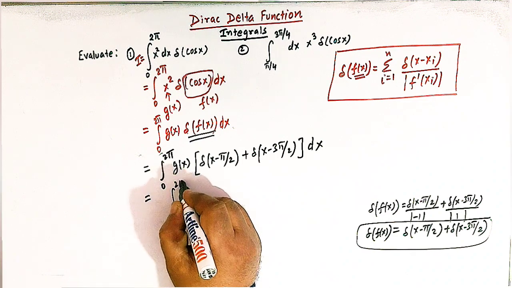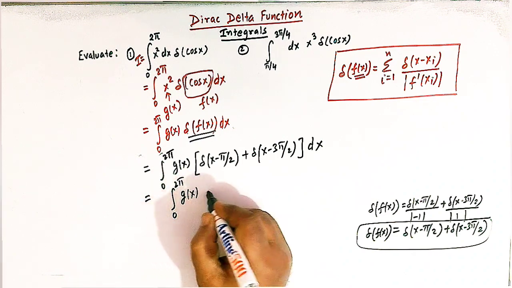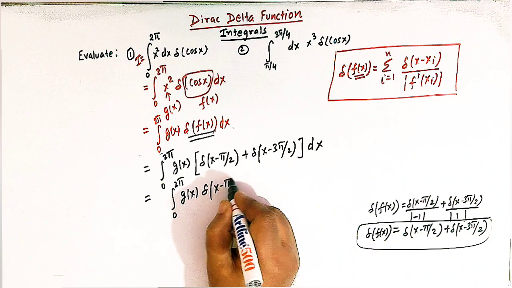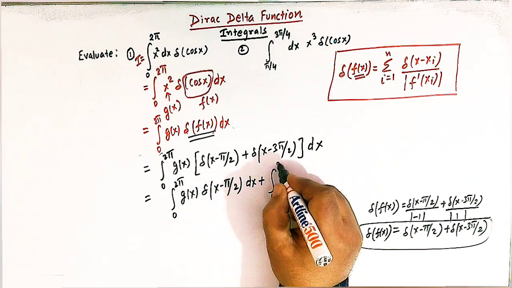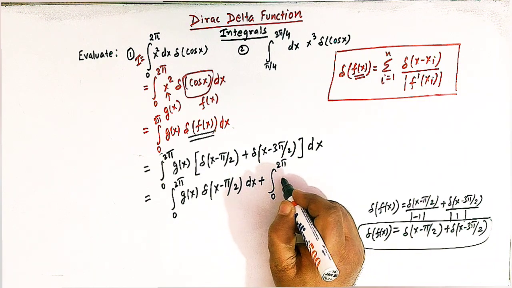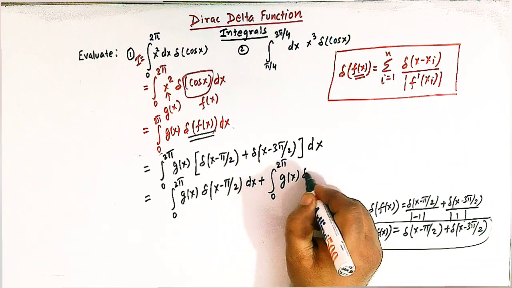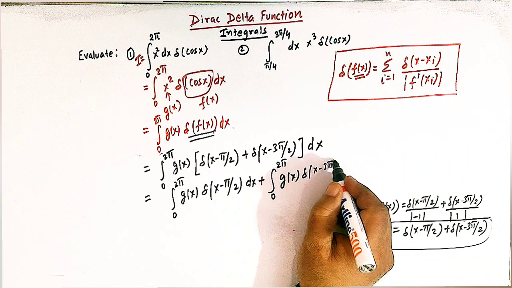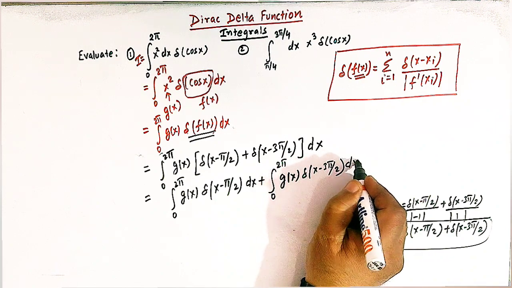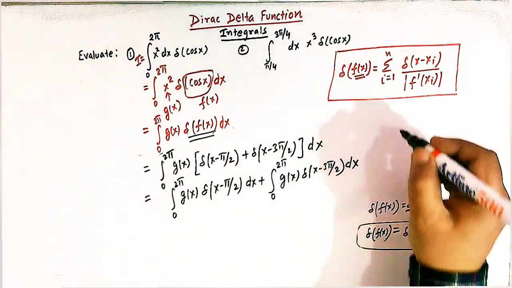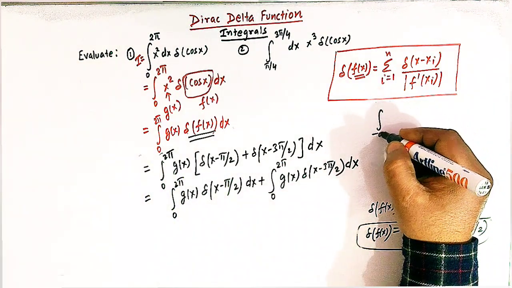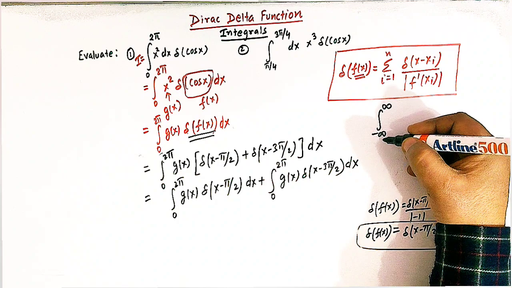So this is the integral from 0 to 2 pi of g of x delta of x minus pi by 2 dx, plus the integral from 0 to 2 pi of g of x delta of x minus 3 pi by 2 dx, right?